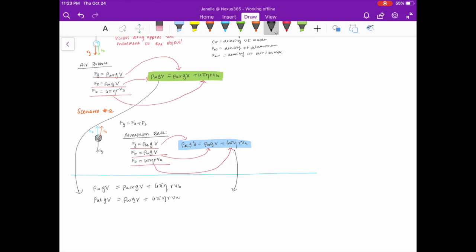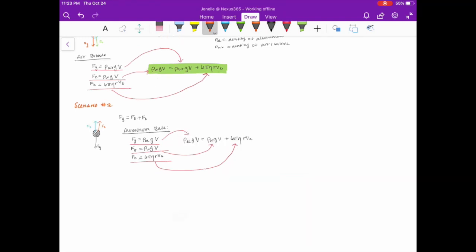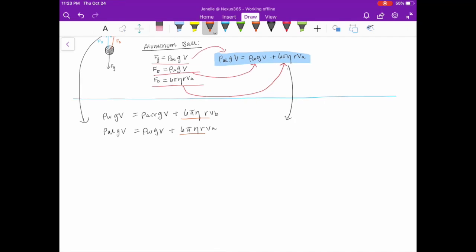Well, upon first impression, these two equations look pretty daunting and pretty scary looking. So, in order to simplify this, let's set this 6 pi viscosity constant times radius into another constant, and let's call this constant alpha.